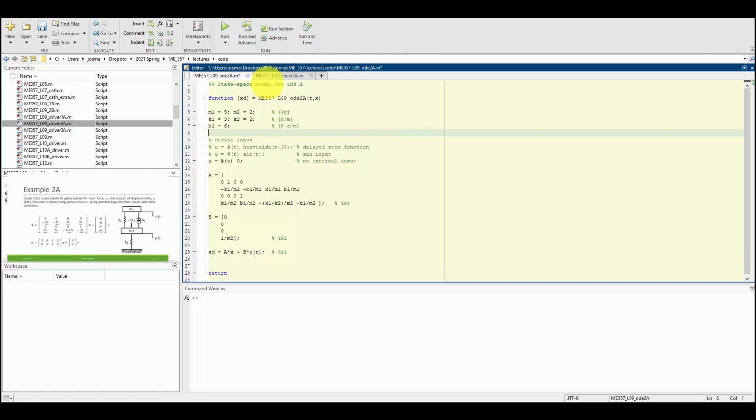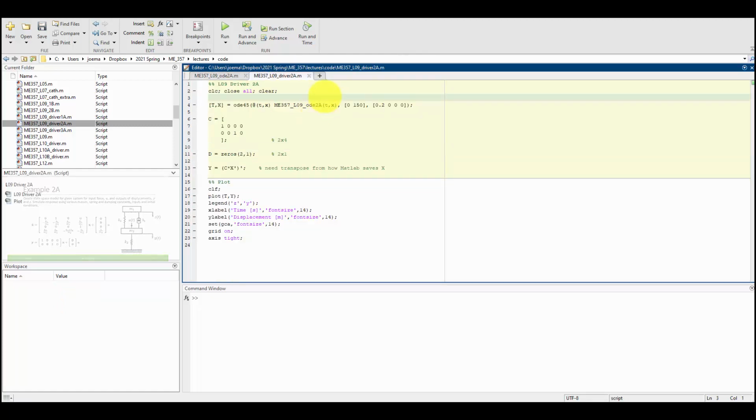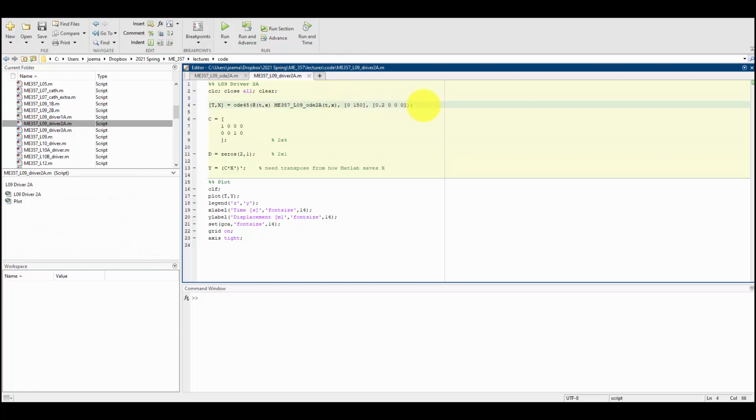With this function in mind, let's see what the driver file is going to do. This too is going to look a lot like that previous example for the 1DOF system. I'm going to call ODE45, and now I'm going to use this function that I was just talking about, ODE2a, that takes arguments t and x.